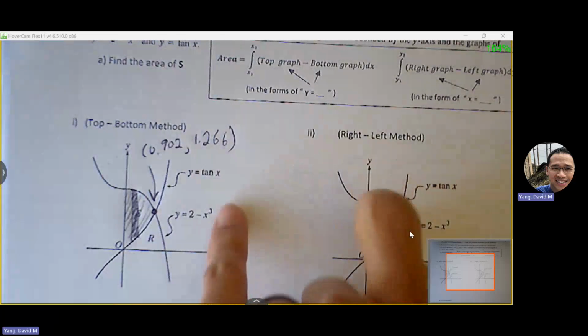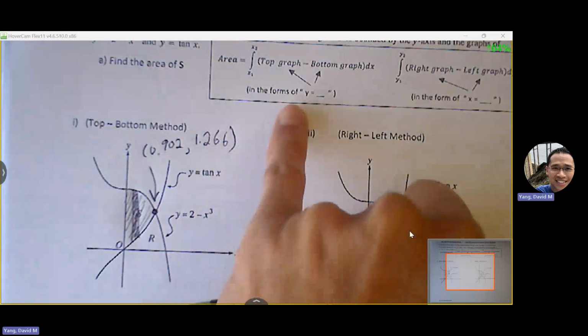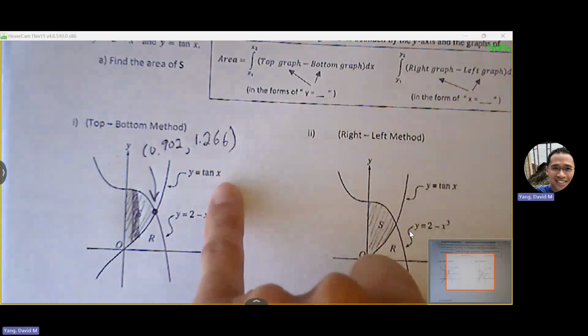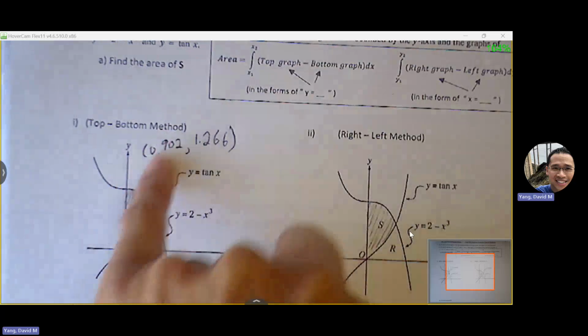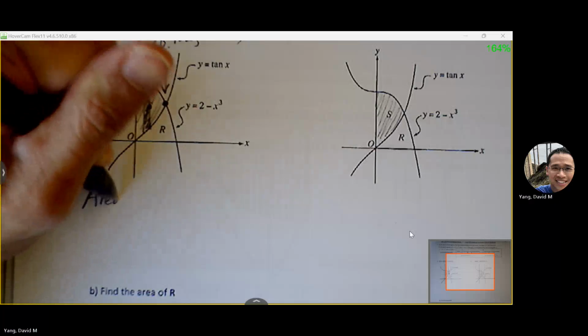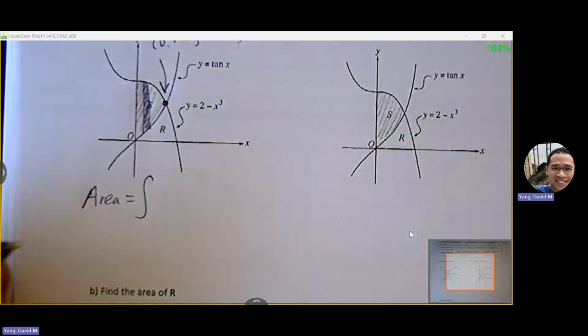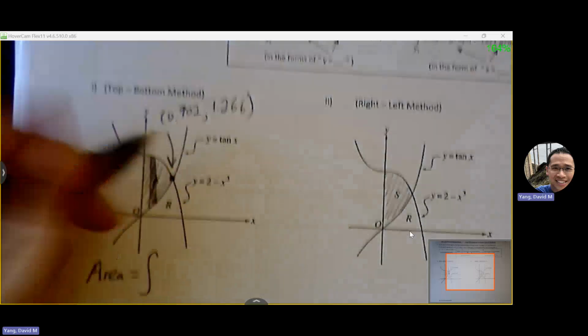So we know that this is a good relationship for top minus bottom because these equations are already in function form. They have that y equals about them, which means that the right side is ready for top minus bottom. And then we have our bounds for our shaded region. So our area is going to be an easy setup from left bound to right bound. So from 0 to 0.902.